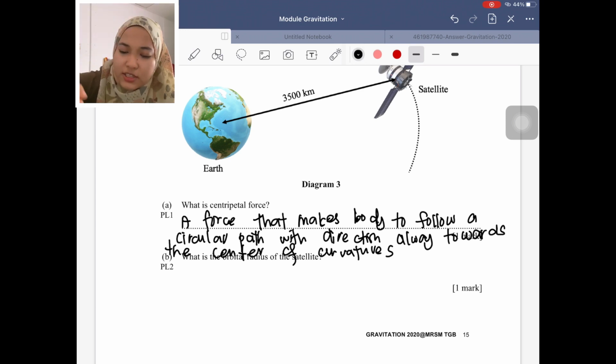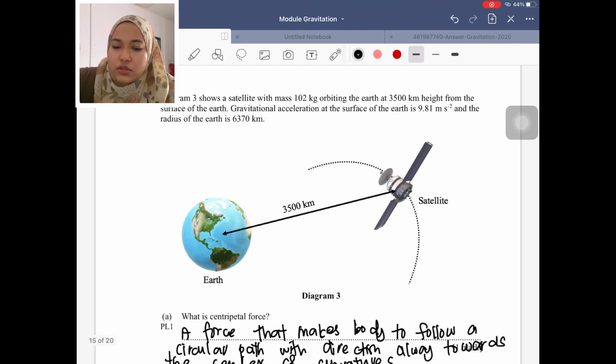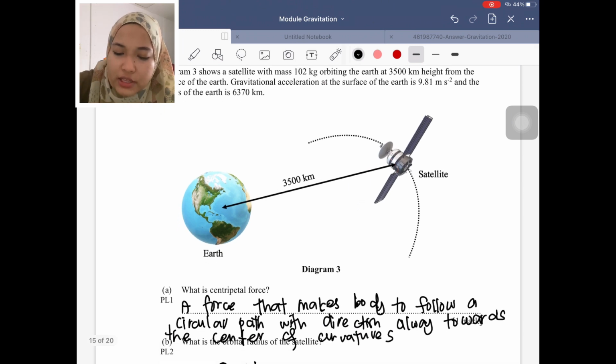Okay, so what is the orbital radius of the satellite? So dia tanya kita dia punya orbital radius. So bila orbital radius, yang distance tu r kecil, so maksudnya R besar plus H. Alright. So how can we get the value?